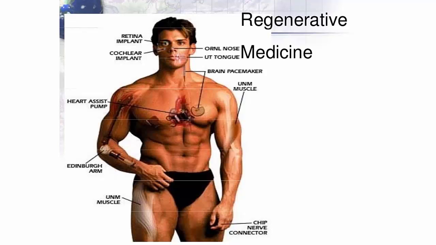All right, so the Bionic Man, I don't know if you all remember that show. I'm sure it wasn't on when you were born. But there are lots of technology enhancements that currently exist. From improving people's eyes, replacing muscle tissue.